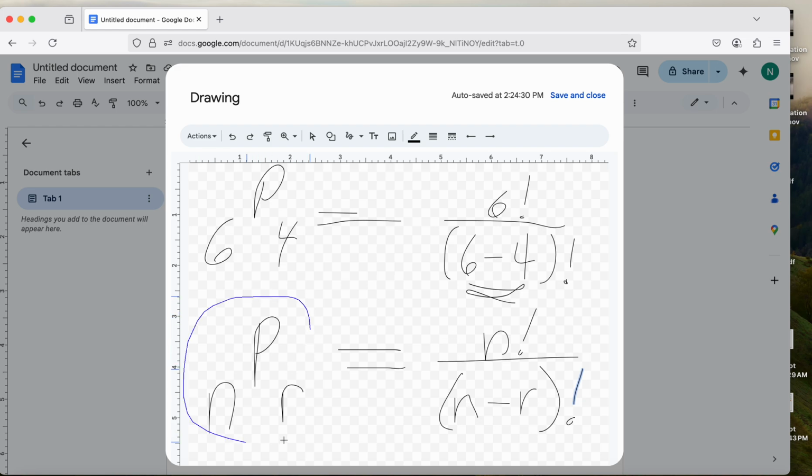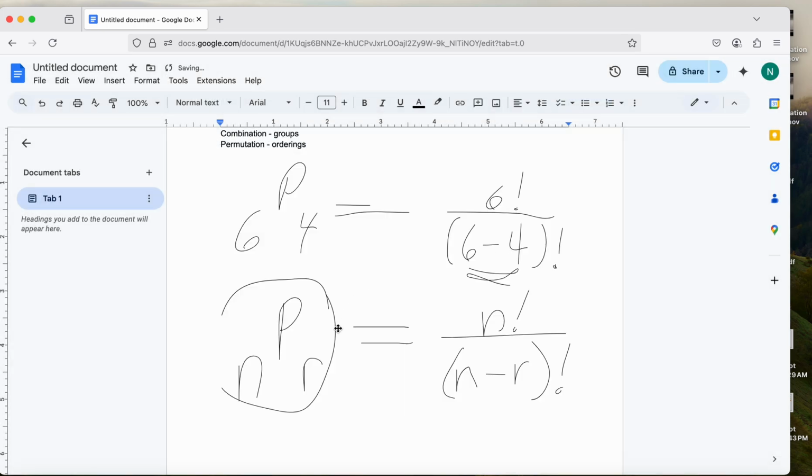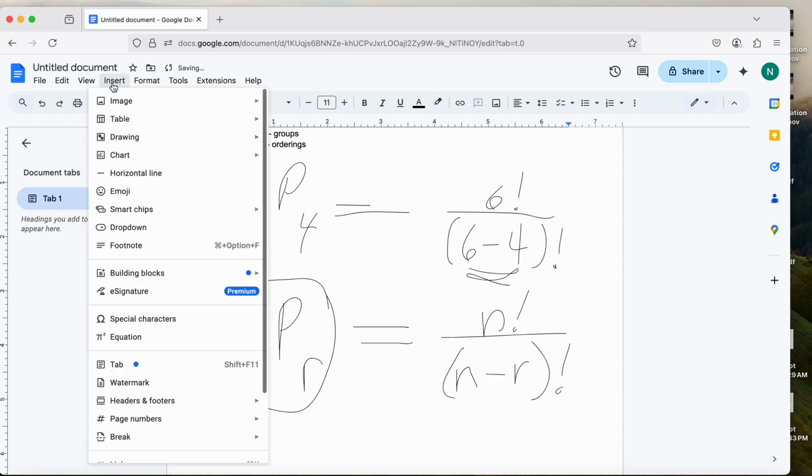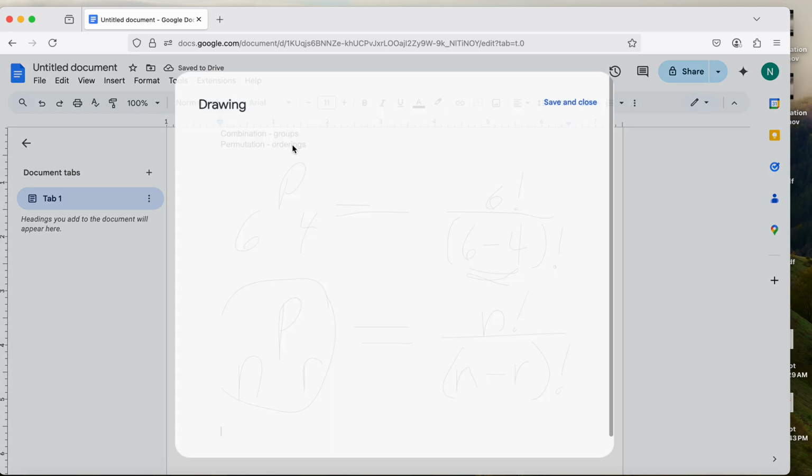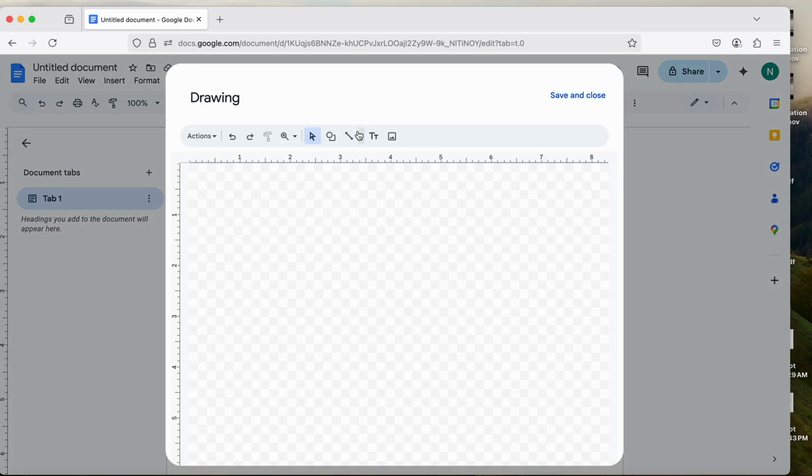Now, sometimes you'll see some other variations of this notation. So I'm going to leave that up for right now, and I'll hit return twice, and I'll show you what I mean. Sometimes you'll see the nPr notation.